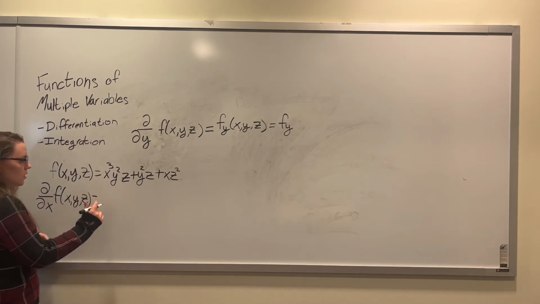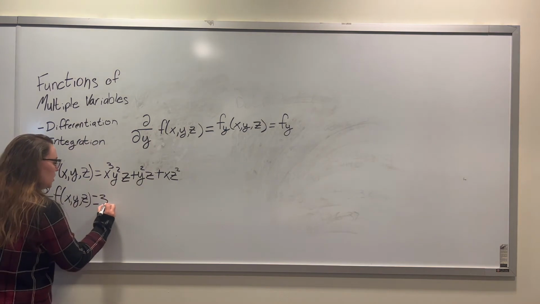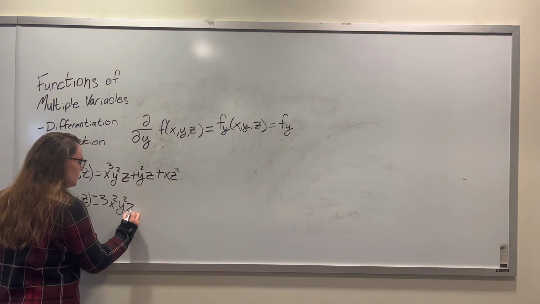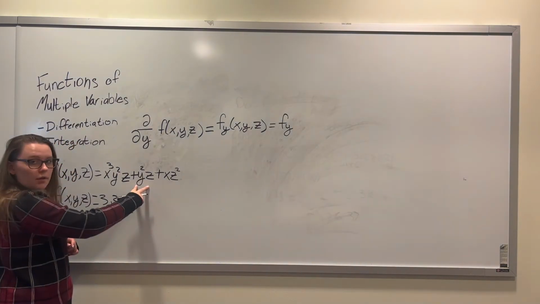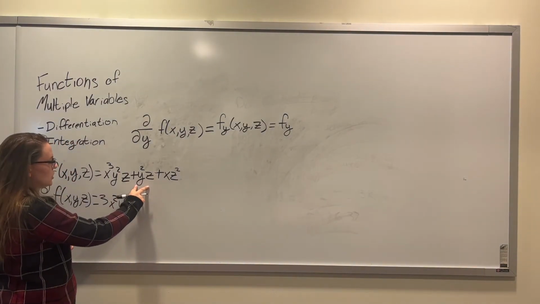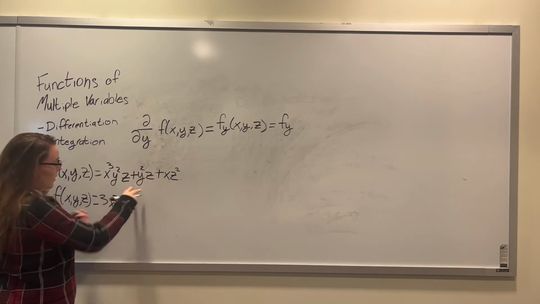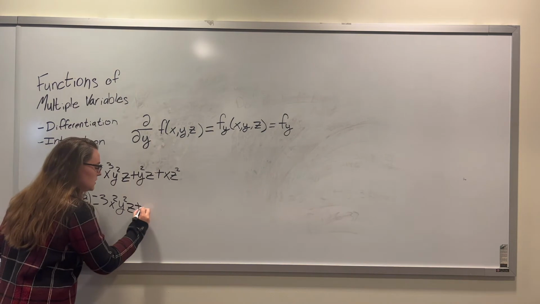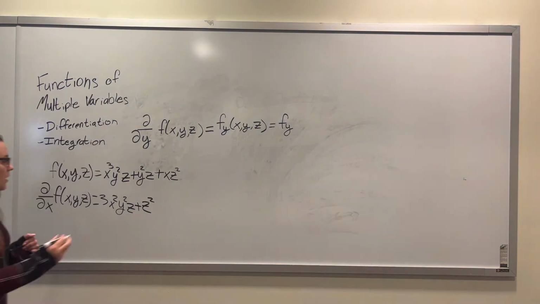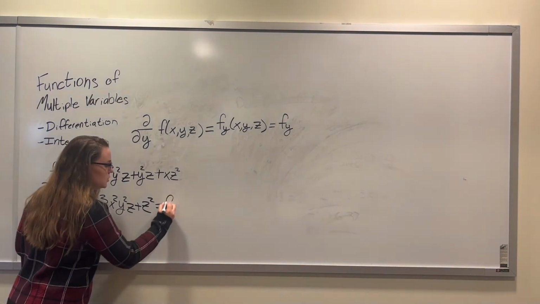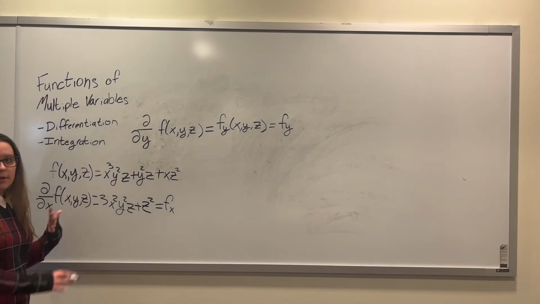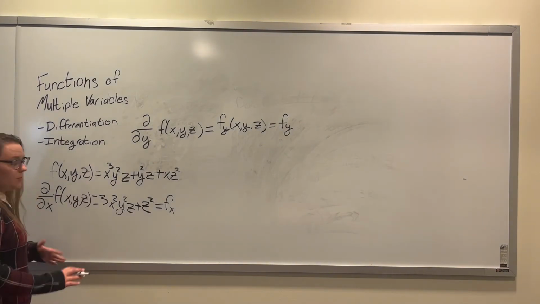So here we would get 3x squared y squared z. And now this second value has no x value, so it goes to 0 like a constant. And this last bit here just becomes z squared. And then this is equal to f sub x. Now we can go ahead and differentiate with respect to y and z as well, but it's a little redundant, so I'm not going to get into that.